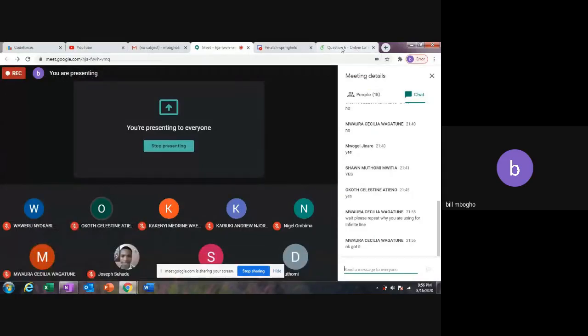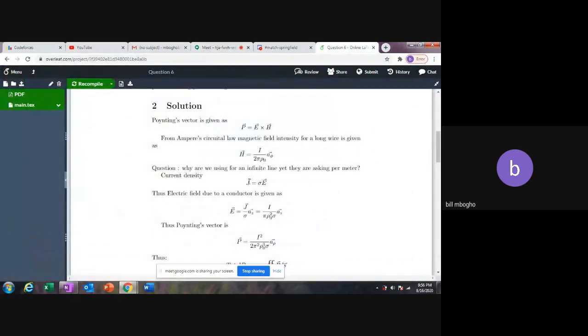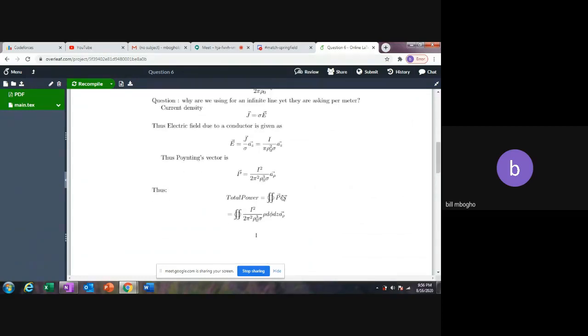Okay, so now the next, we want this Ohm's law in point form, J equals sigma E. It's not a lot of calculation. You just put sigma down here, divide both sides by sigma. Now it becomes very straightforward.